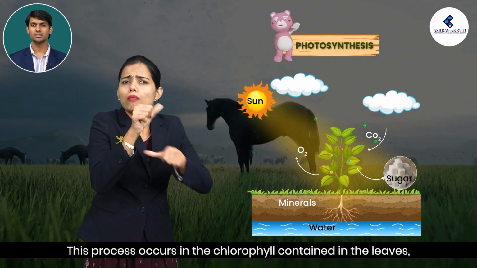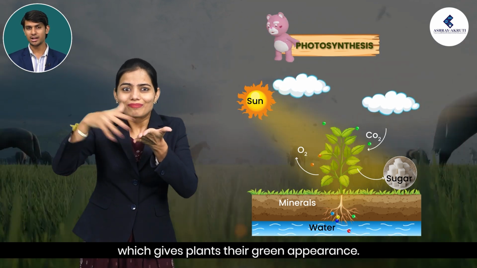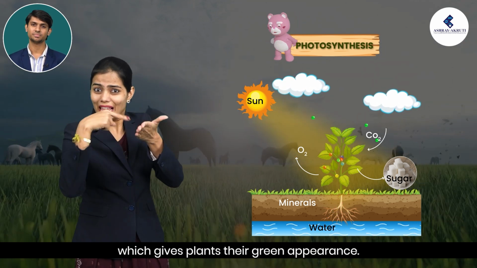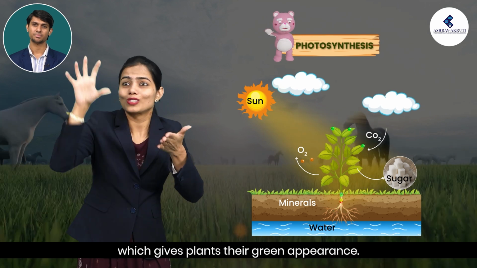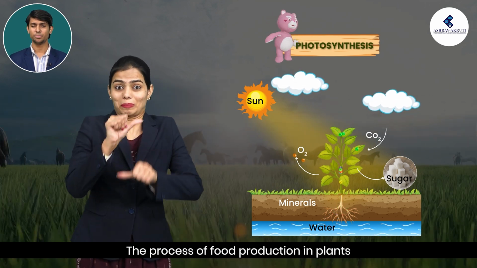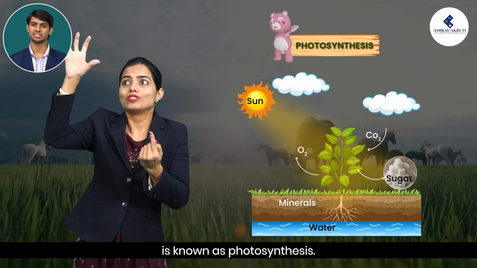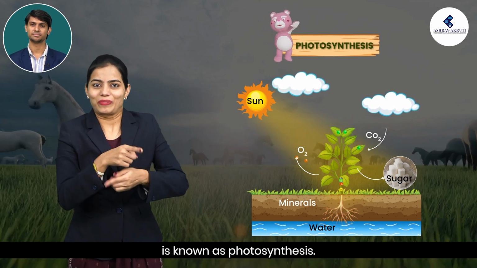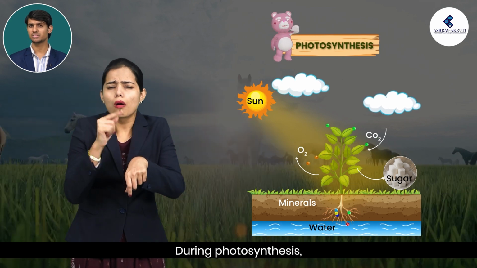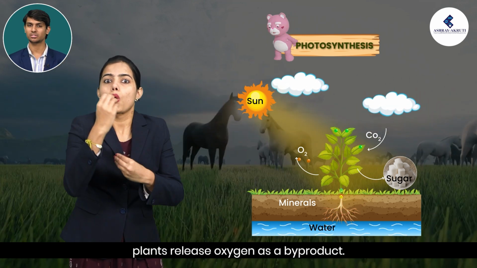This process occurs in the chlorophyll contained in the leaves, which gives plants their green appearance. The process of food production in plants is known as photosynthesis. During photosynthesis, plants release oxygen as a byproduct.